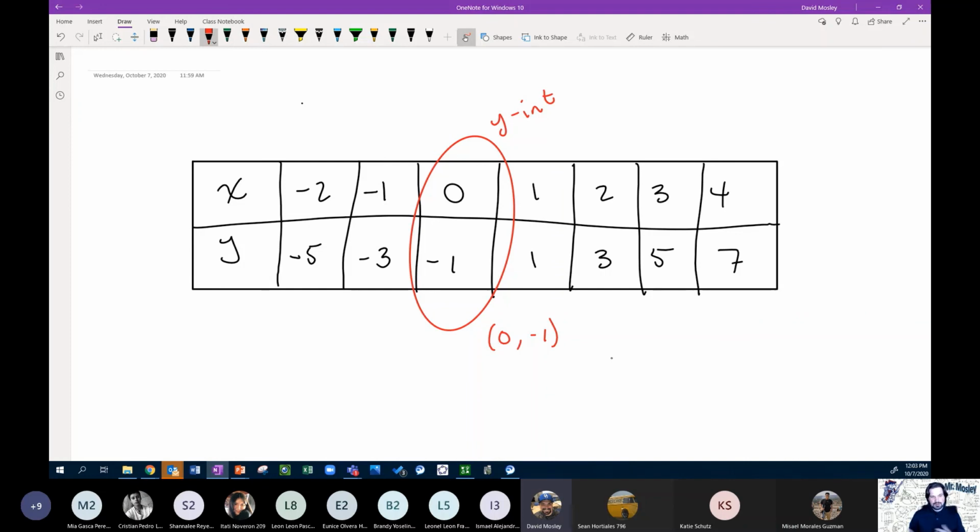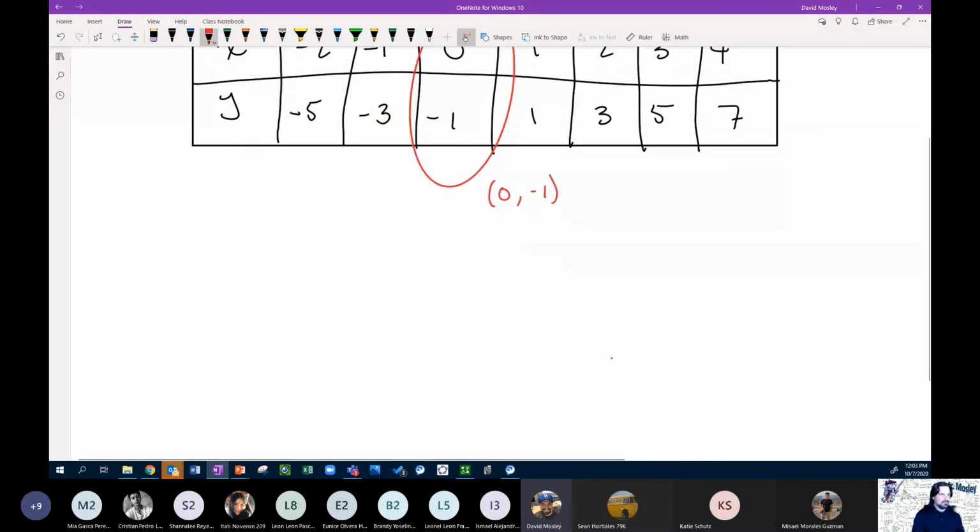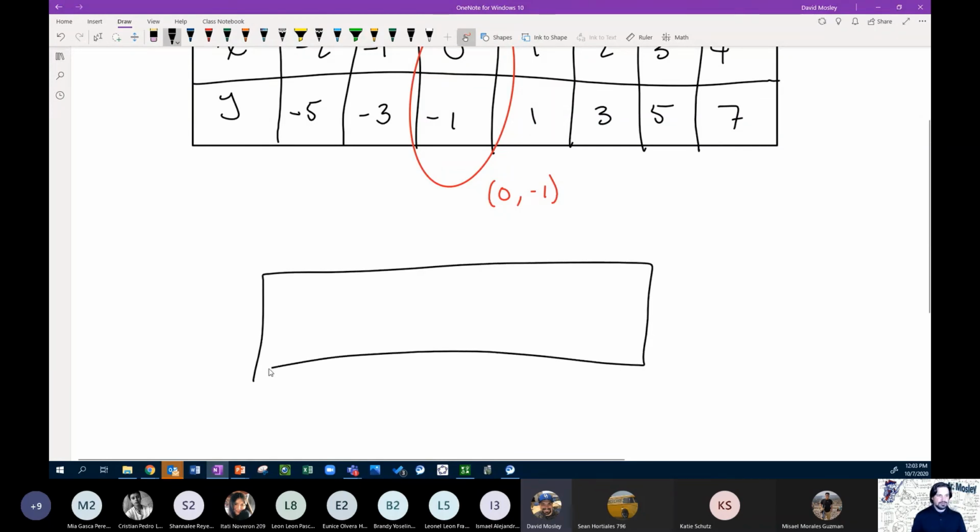Cuando no tenemos en la tabla X equals 0, we need to find it. Right? So if we don't have it, we have otro ejemplo here. Tabla más pequeña.